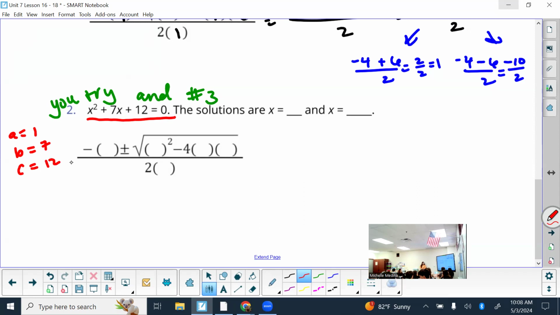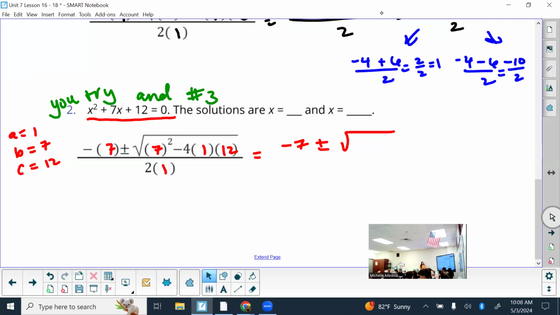All of them happen to be positive, but if any are negative, make sure you show that and plug it in accordingly. Plugged in, it would be -b plus or minus square root of b squared minus 4ac over 2a. So plugging in those numbers we just identified. All right, now simplify. This just becomes a -7 plus or minus square root of, like I said, I would put that part in the calculator.